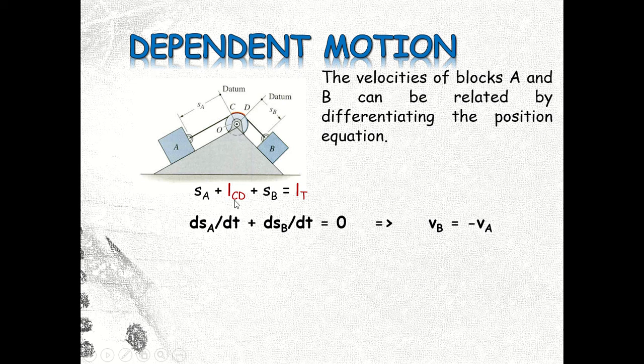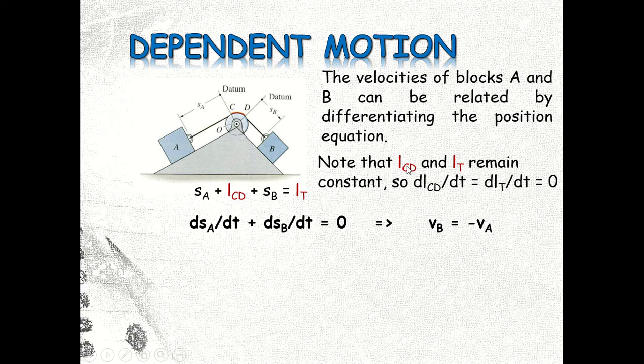We didn't include this one because LCD, the length of the arc CD, is constant. When block A or block B moves up and down, the length of the arc is constant. So the derivative of the length of arc CD with respect to time is equal to 0.